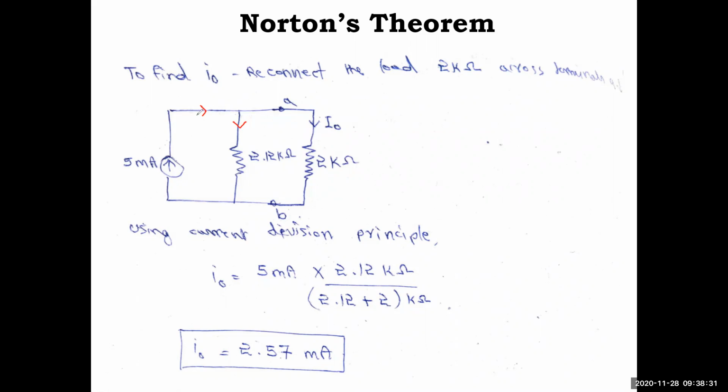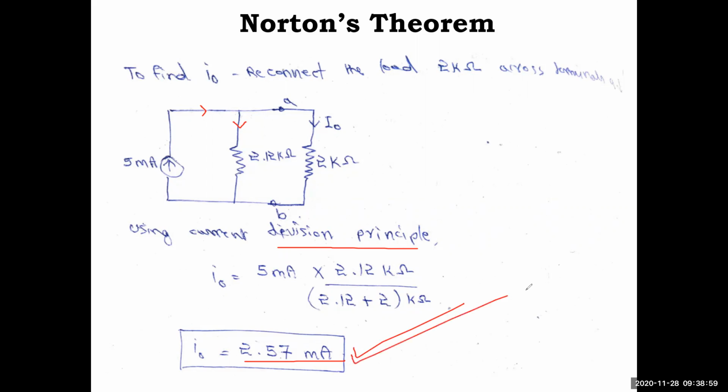Total current 5 milliamps into the opposite branch resistance, which is 2.12, divided by total resistance 2 plus 2.12. The kilo ohm cancels out. Using the calculator, 2.12 by 4.12 into 5, you'll get 2.57 milliamps. So this is the final answer.